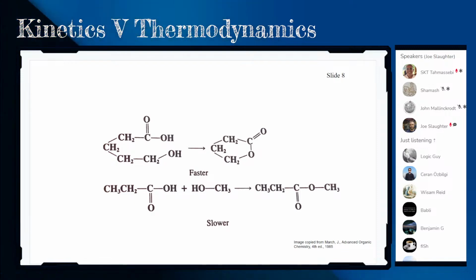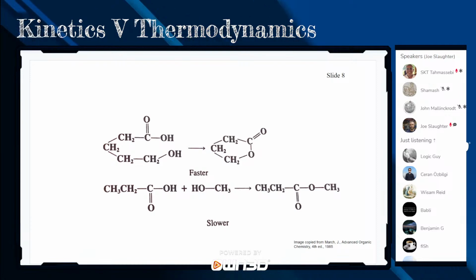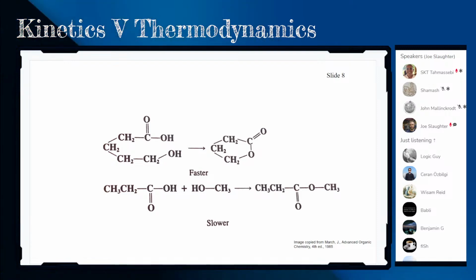To study the delta G double dagger of this, we first are going to say that as far as the bonds that are being made and broken, they're basically the same. Same bonds are being made and broken in both of those reactions, so bond energies are going to be the same.